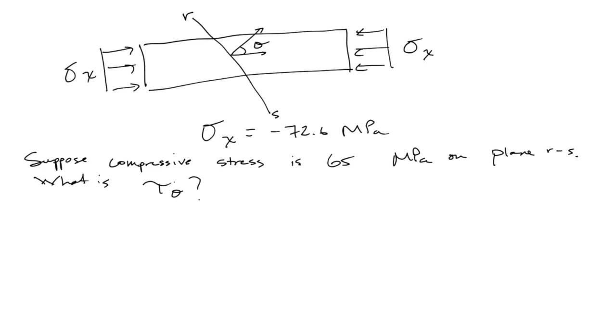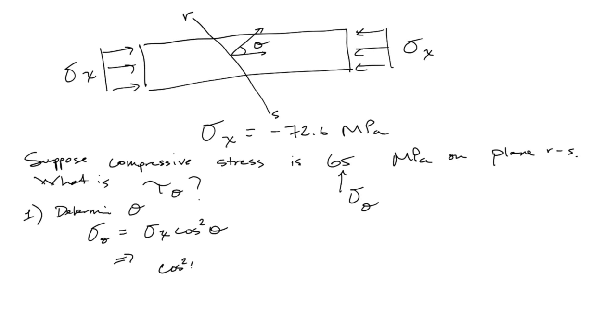Okay, so this essentially here is sigma theta. So they've given us sigma theta, and we need to figure out tau theta. So the first thing we need to do is figure out what theta is from sigma theta. So step one is determine theta. Okay. So remember, sigma theta is sigma x cosine squared theta, which means that cosine squared theta is equal to sigma theta over sigma x.